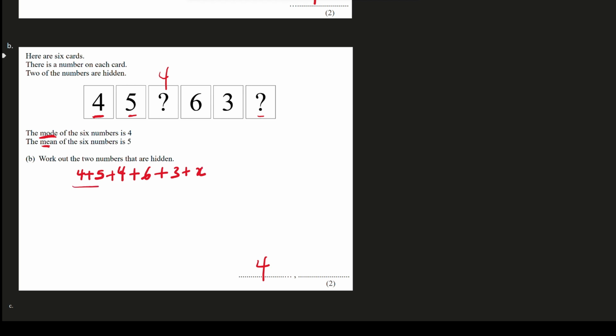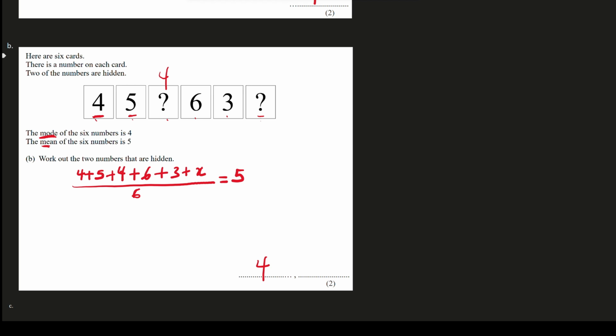Now, divided by how many numbers do we have there? 1, 2, 3, 4, 5, 6. Divided by 6. We are being told that this gives us a mean of 5. So if we add everything and divide by the number of things we have, that should be equal to 5.